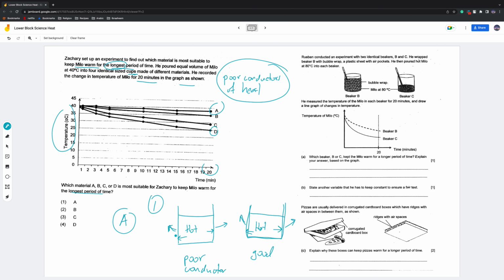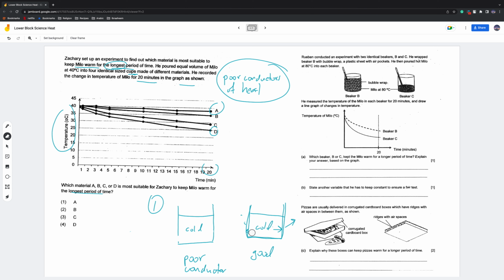Now, what about if we put in something cold? Let's say iced Milo this time around. Remember, heat travels from a hotter to a colder region or object.